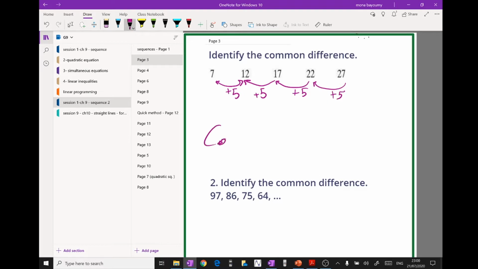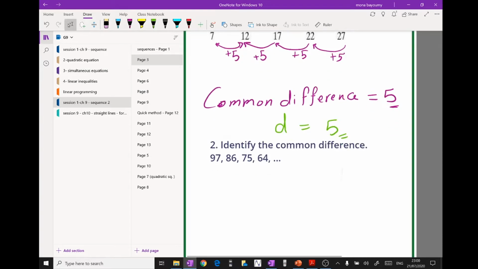So the common difference equals 5. The common difference, we put it as the letter D. D is equal to 5. D is the common difference between any two successive terms in this sequence.